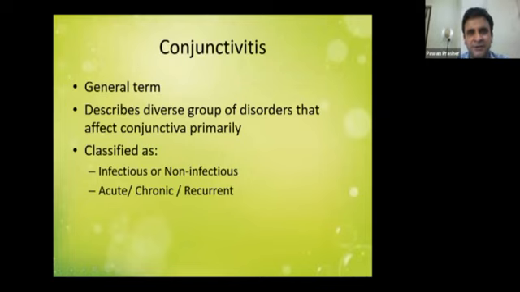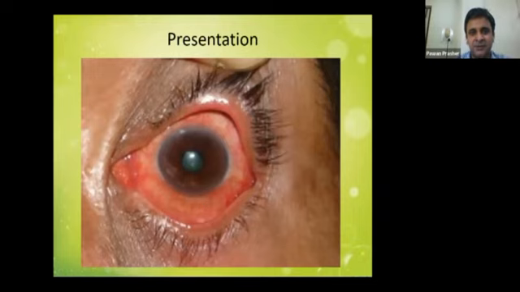So conjunctivitis is basically a general term, and it describes a diverse group of disorders that affect the conjunctiva primarily. It can be classified as infectious or non-infectious, and depending upon the duration of involvement, acute, chronic, or recurrent. The presentation is like a spectrum.